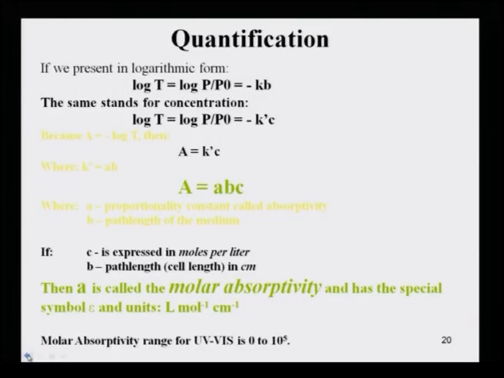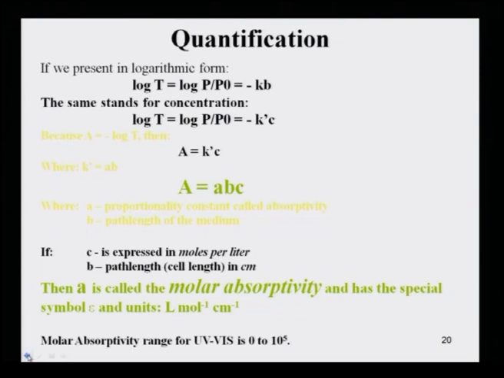If we present it in logarithm form, log T is equal to log P by P0 is equal to minus kb, and the same stands for concentration, that is log T is equal to log P by P0 is equal to minus k prime c, or A is equal to k prime c, or A is equal to a b c.